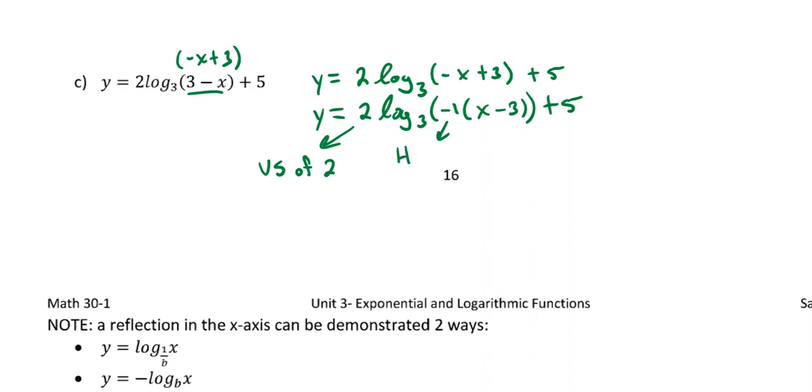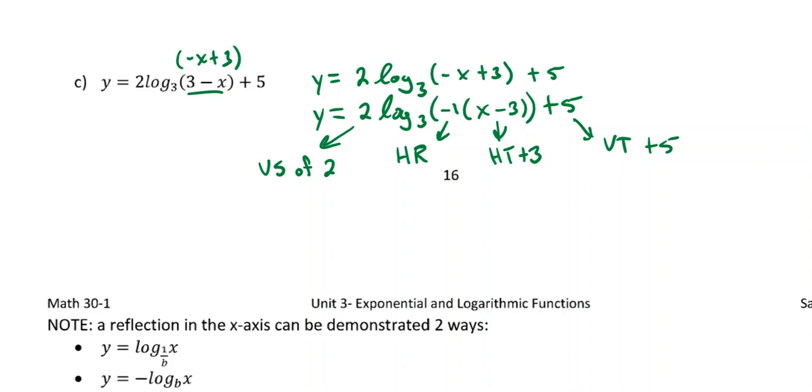Yeah, it's a horizontal stretch of negative 1, or a horizontal reflection in the y-axis. Okay, what's the x minus 3 doing? It's giving us a horizontal translation of positive 3. And then the 5 gives us a vertical translation of 5 up, or plus 5.